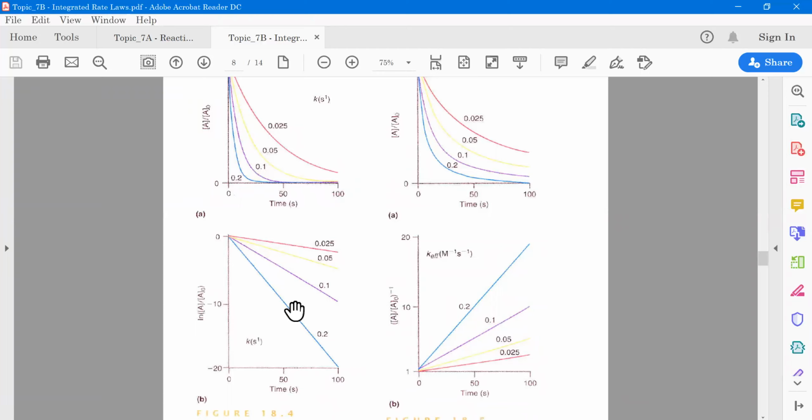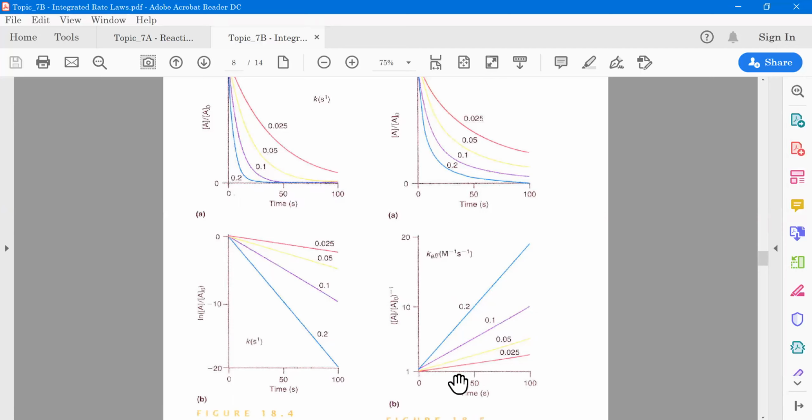And so with increasing rate constant, the decrease of log A with time is more severe than it is for lower rate constants. And the same thing is observed for second order reactions, where in this case, the slope, of course, is positive rather than negative, as it is for a first order reaction. But again, the same thing is true.